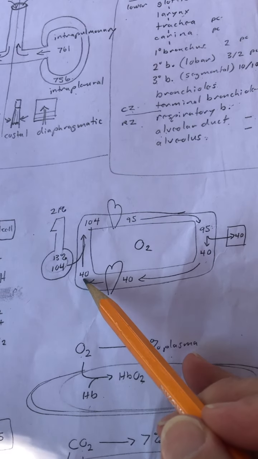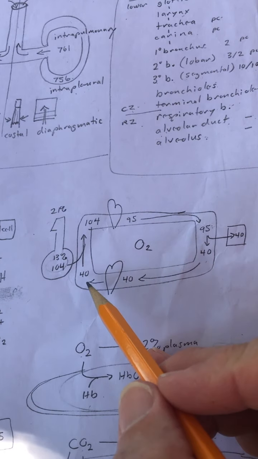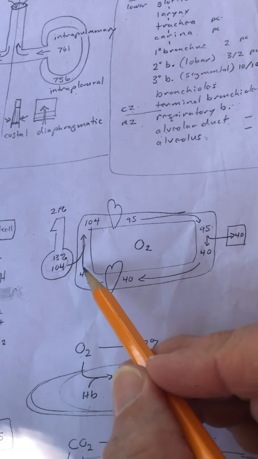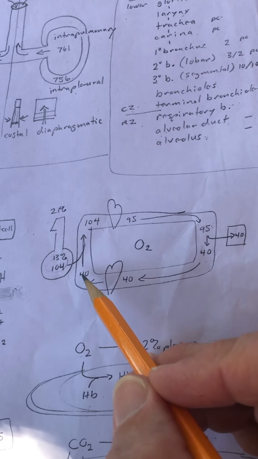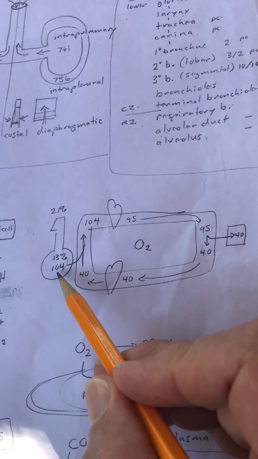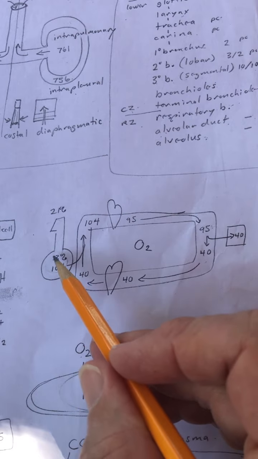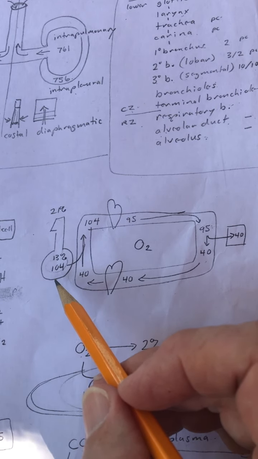When it passes by the alveoli, the oxygen level inside the venous blood right here is relatively low compared to the oxygen level inside the alveolar air. The alveolar air is approximately, in units, about 104. It's about 13% oxygen.